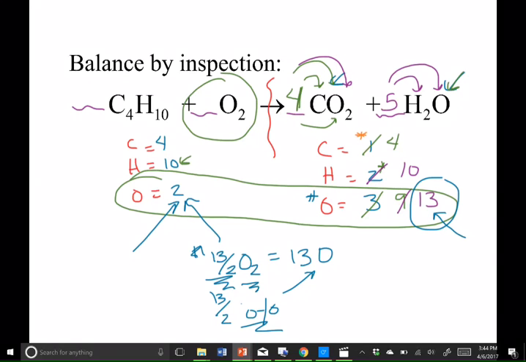So one of the first ways to work this, I'm going to show you, is to put 13 halves in there. Update my O2s, and like I tried to convince you, now I have 13 oxygens, which balances with this. Okay?